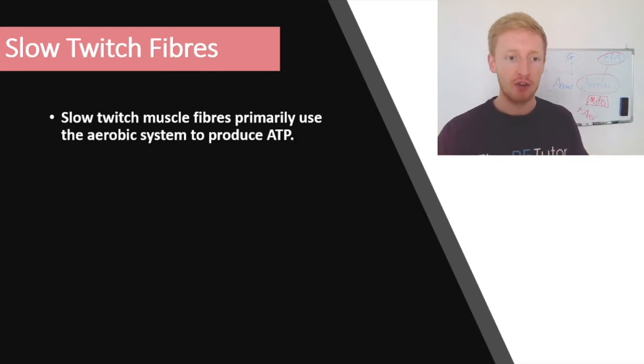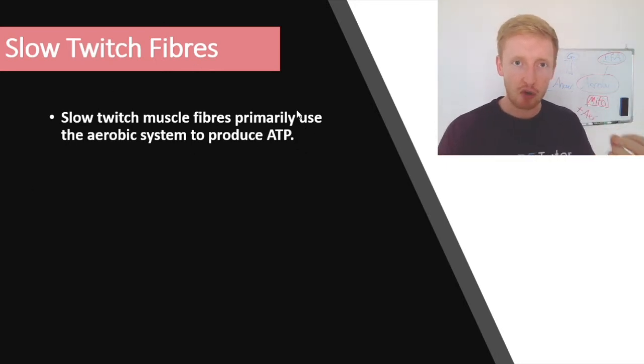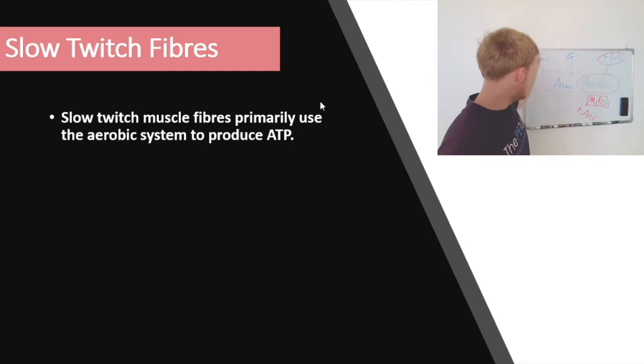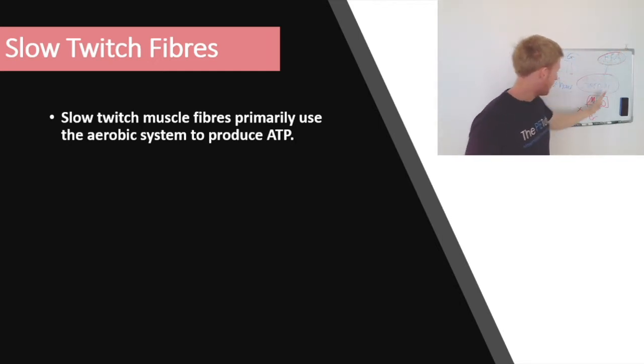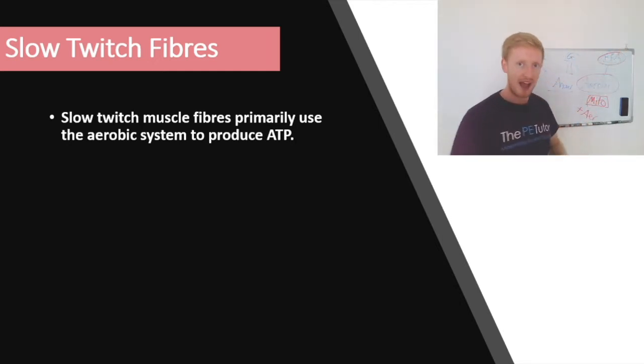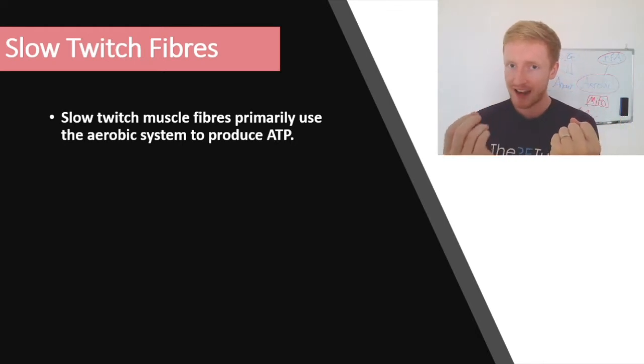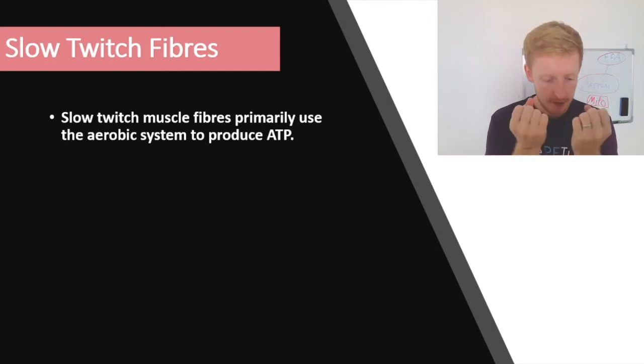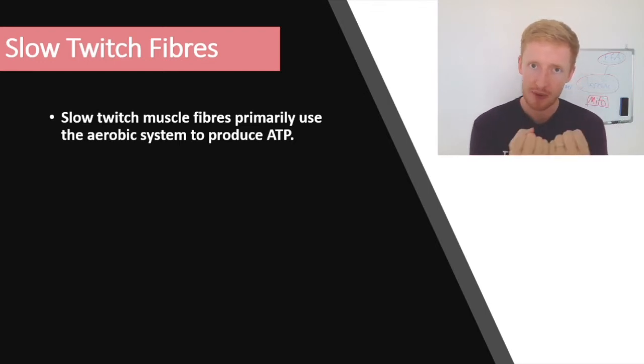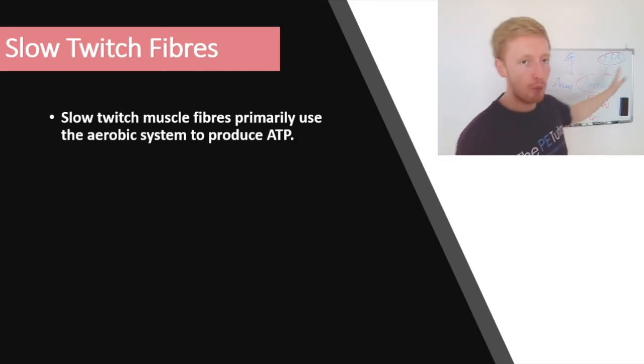ATP, the currency of our body, adenosine triphosphate. We can just use multiple pathways of chemical reactions in order to put an ADP back to a P to create an ATP. That's the crux of it. That's what we need. We've just got these three different ways of doing it.